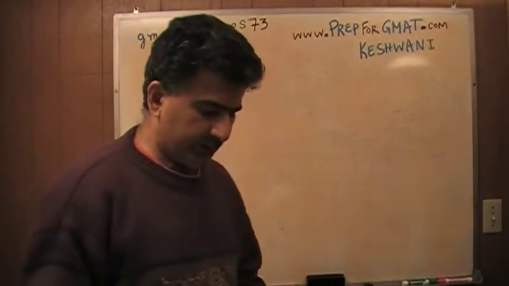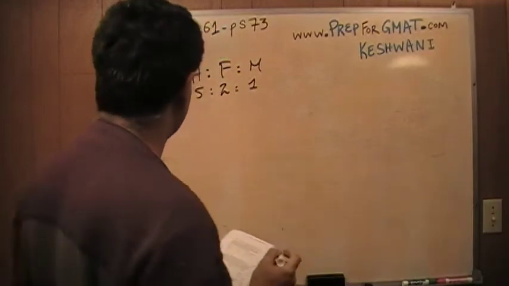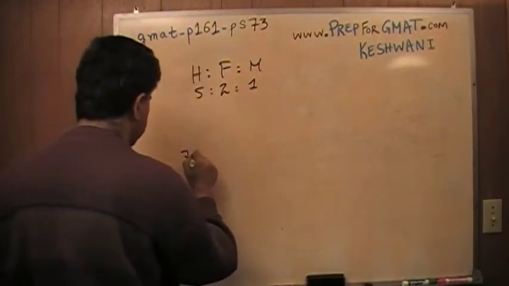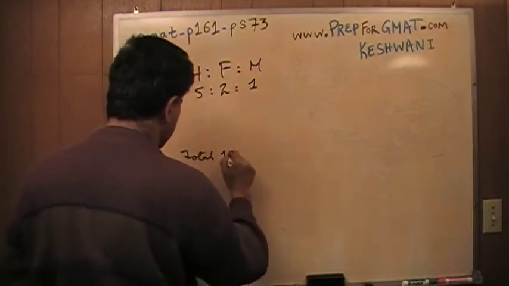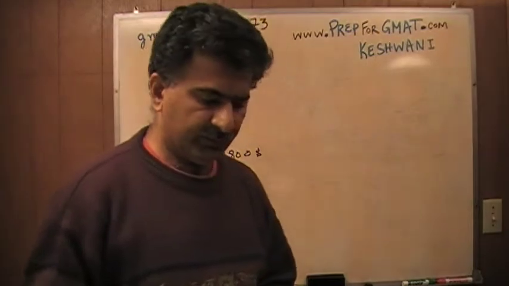And we are told that the total amount that is spent on the three categories is $1,800. The question simply is, how much do they spend on food?